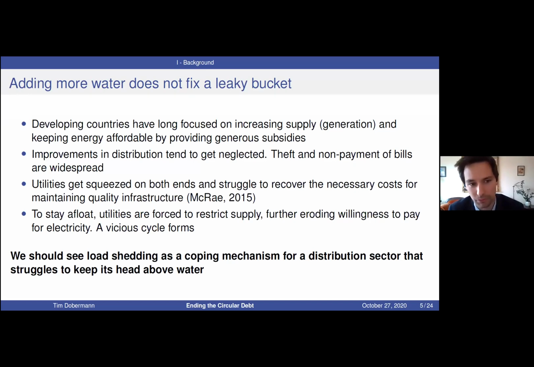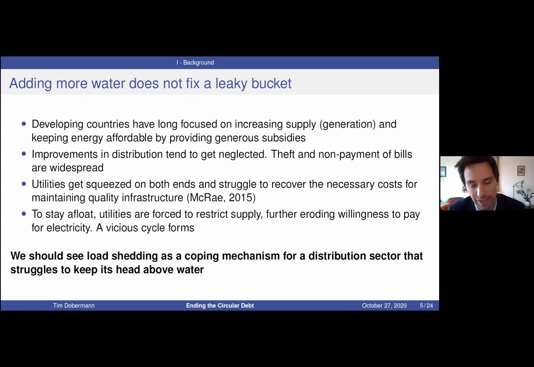But what happens is that utilities who provide these electricity services get squeezed on both ends. They are not able to recover the cost of selling electricity, but as a result of this, they're not able to make payments for purchasing electricity. So that's the classic story in Pakistan.